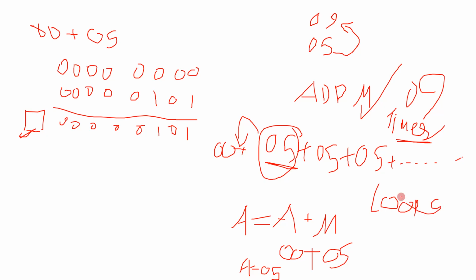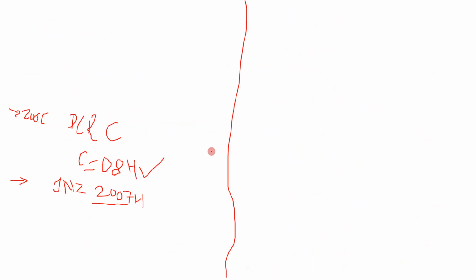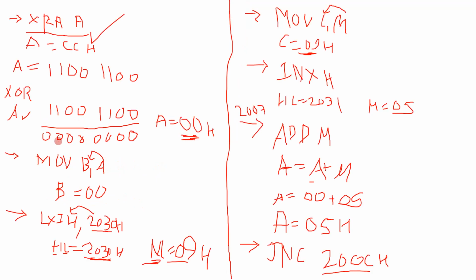Loops can be implemented using jump instructions, or you can say conditional jump. Here JNZ is used to run the loop so that 5 can be added 9 times.